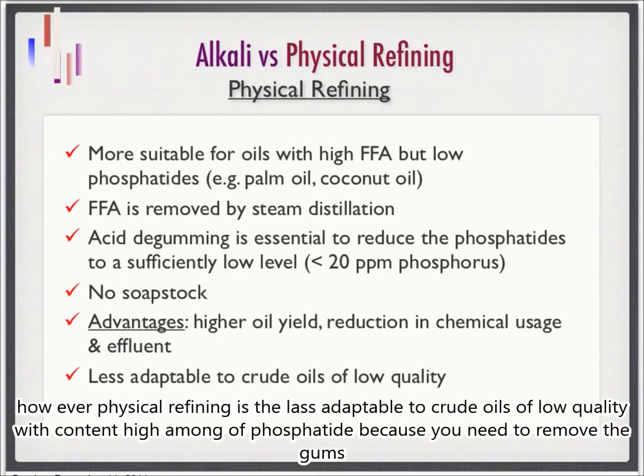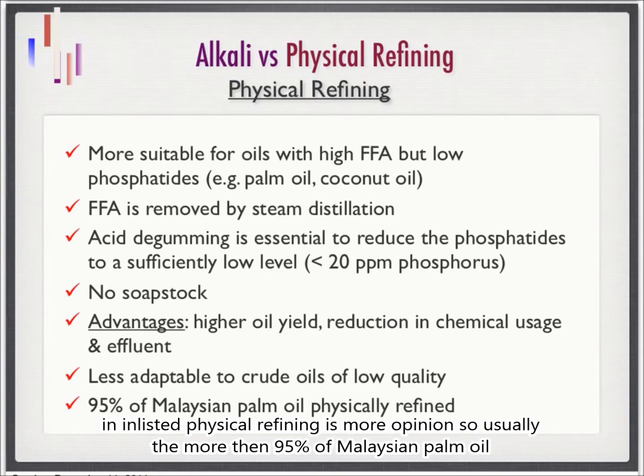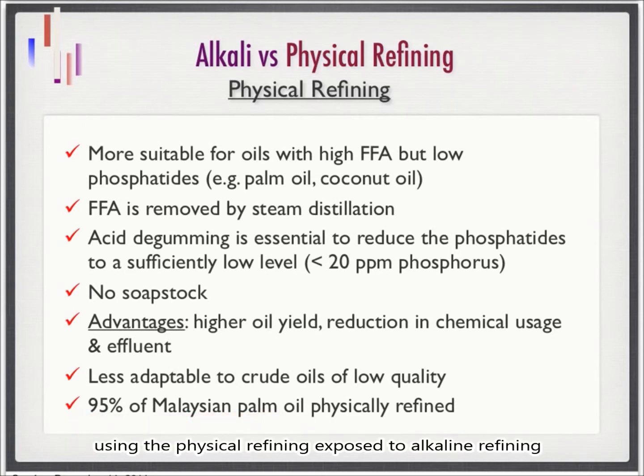However, physical refining is said to be less adaptable to crude oils of low quality, which contain a high amount of phosphatides, because we need to remove the gums in the degumming process, which can cause or increase the losses of the oil. In Malaysia, actually, physical refining is more popular. There is more than 95% of Malaysian palm oil using physical refining as opposed to alkali refining.